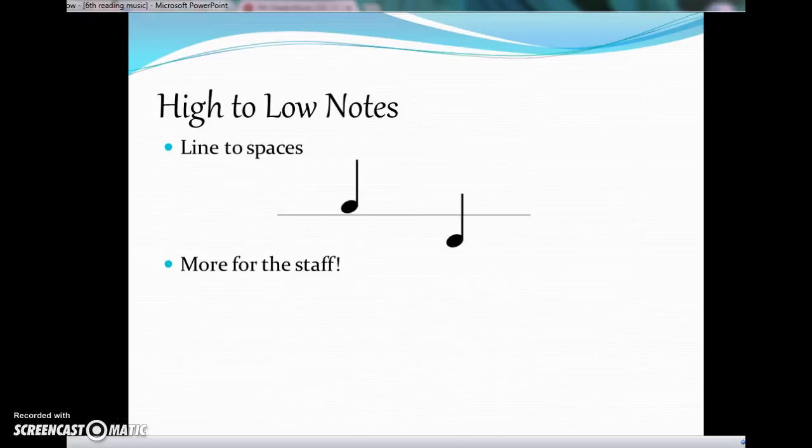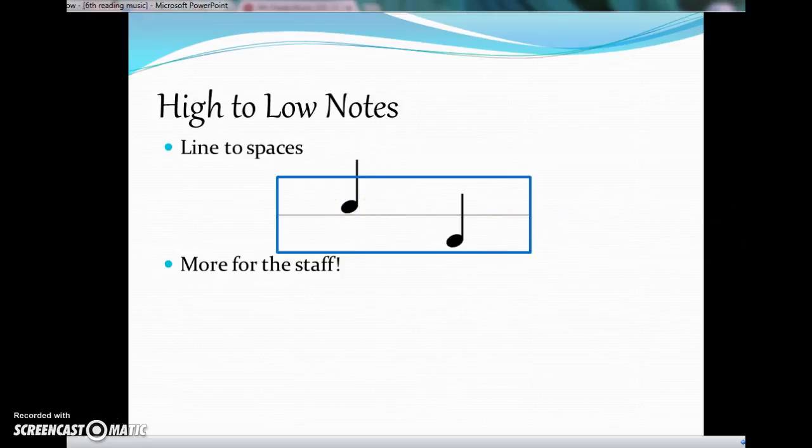Before, we were only used to seeing this line. So in order to create spaces, we are going to take a box and put it around that line. So now we have created a line and a box where we now have spaces, where those notes are sitting in spaces between the lines. So we have a low space here and a high space here.